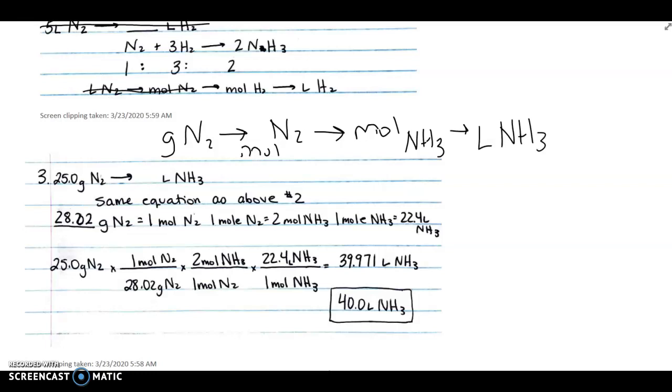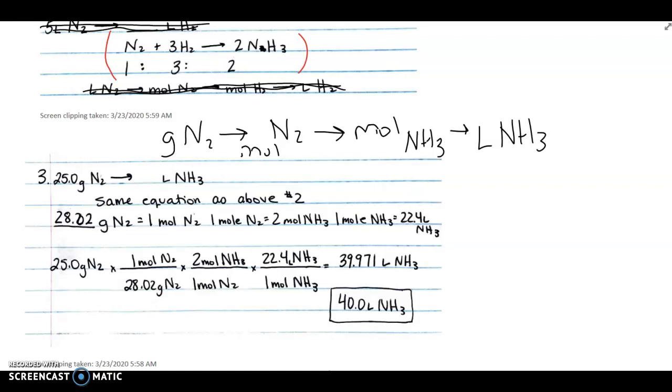So this one here goes to number 2, and that one there goes to number 2. But we do need this part here in the top, this one here, for our mole ratio. So we're going from grams to moles to liters.